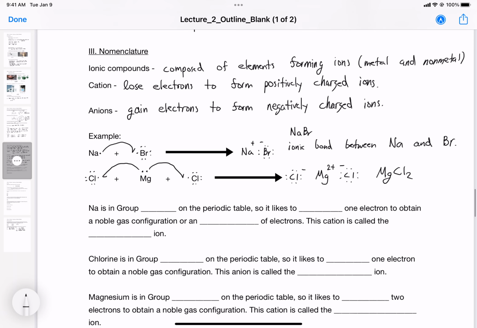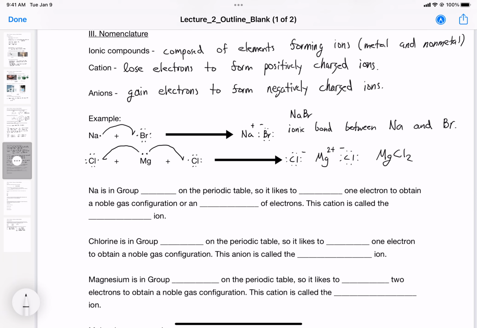So let's fill out this vocabulary here to kind of summarize what we just went over. Sodium is in group 1 on the periodic table. So it likes to lose 1 electron to obtain a noble gas configuration, or what we call an octet of electrons. So just think of an octet as a chemical electron configuration that an atom likes to obtain when it participates in chemical reactions.